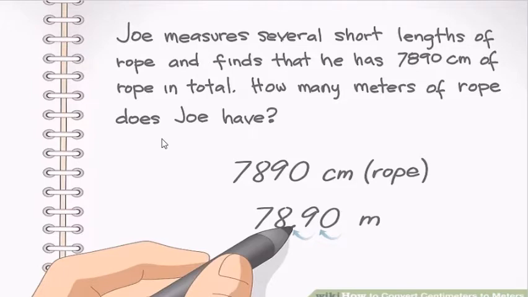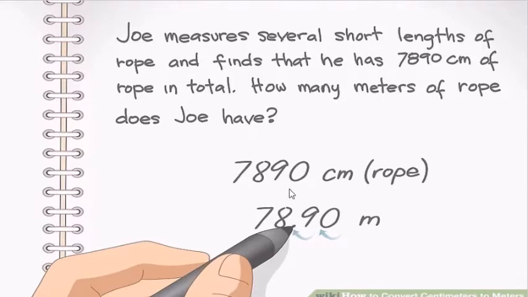Actually there is no obvious decimal point here, but remember that 7,890 is the same as 7,890.0. When you are going to convert this into meters, you have to divide this by 100. So move the decimal point 2 spaces to the left to get your answer.